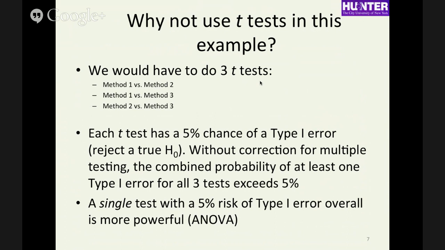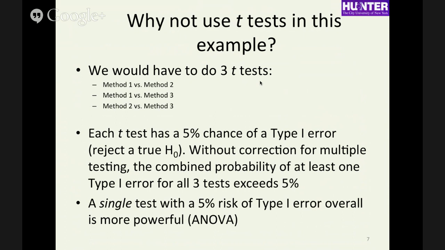But it's not hard to believe that suppose we had 6 groups, then there are a lot of pairs, and your type 1 error is going to get higher and higher. It is possible to control for type 1 error. So, you can make a correction to your p-values.